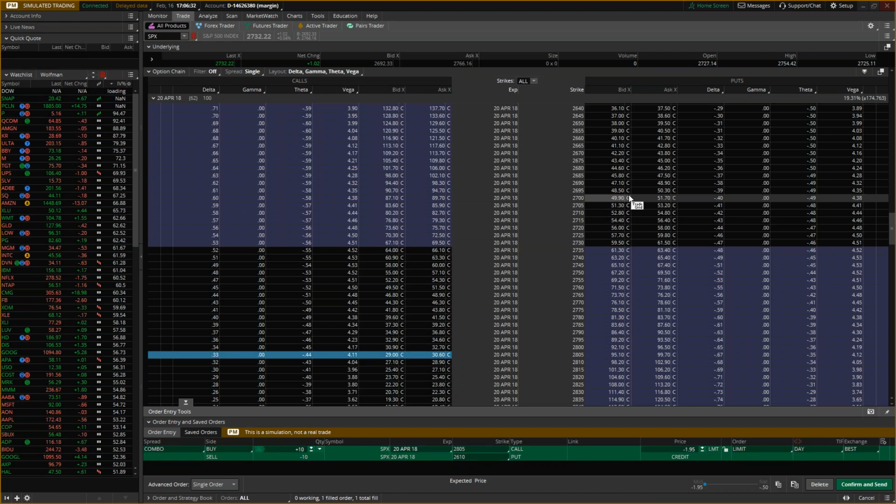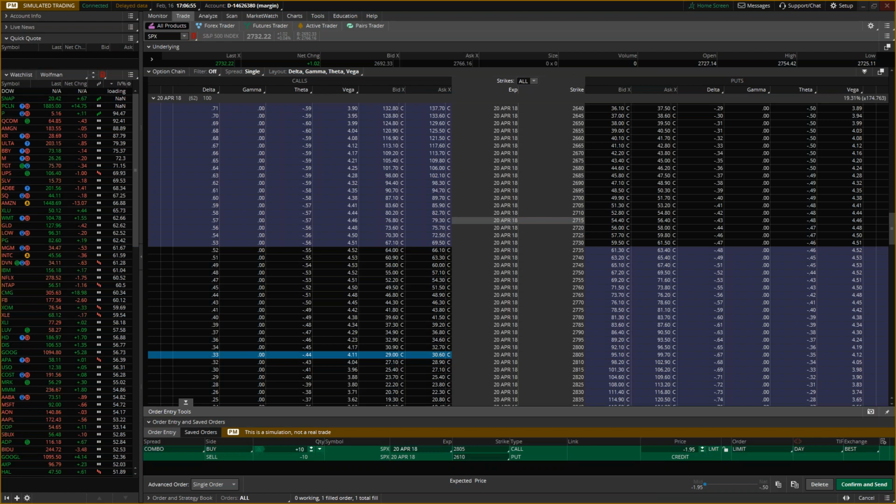It's a 50% probability we're going to get tested on our downside, because it's 25 delta, and to the upside, we have a 66% probability of meeting our objective. And we're getting a fat credit, which is nice.